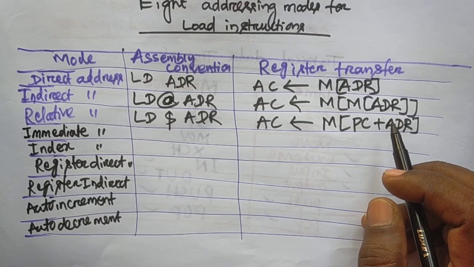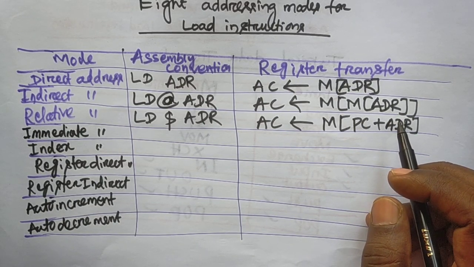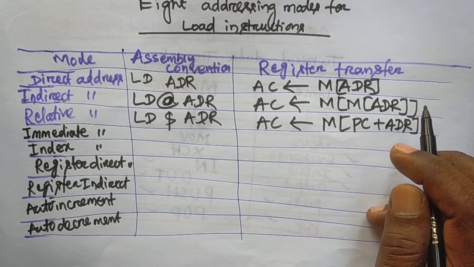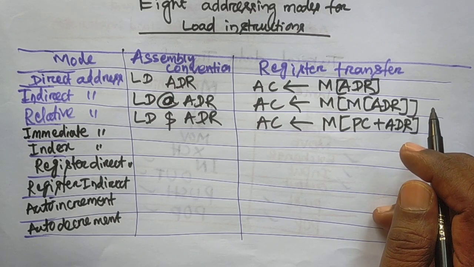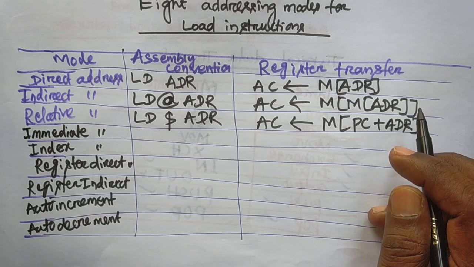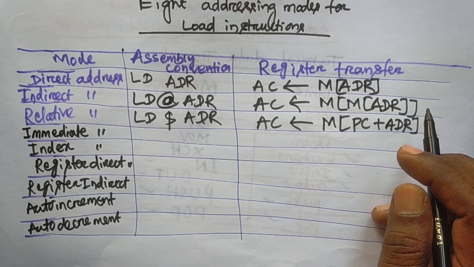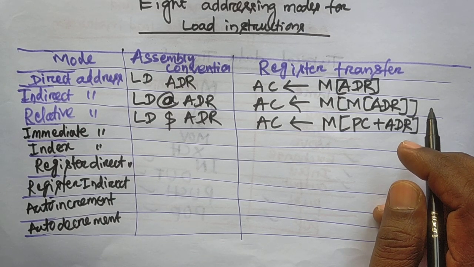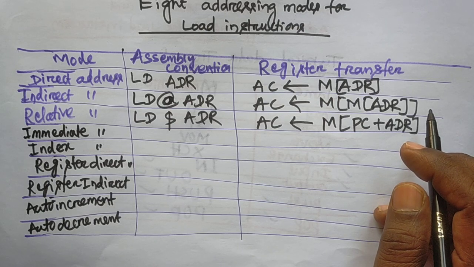Similarly, immediate operand means direct data, a direct number. We have already discussed how the immediate address mode is used for direct data.